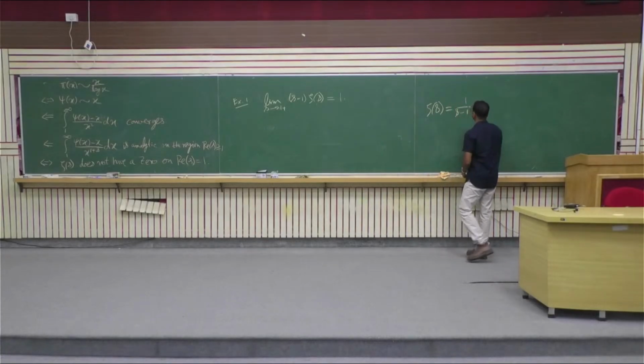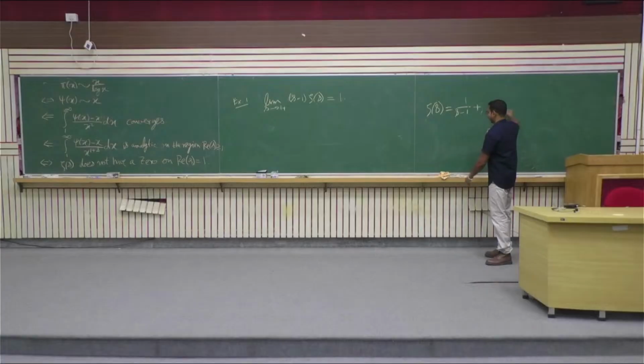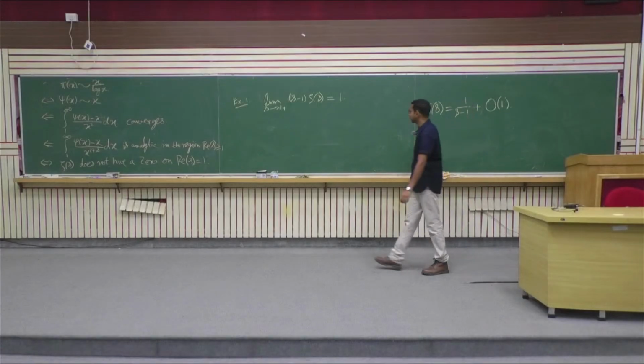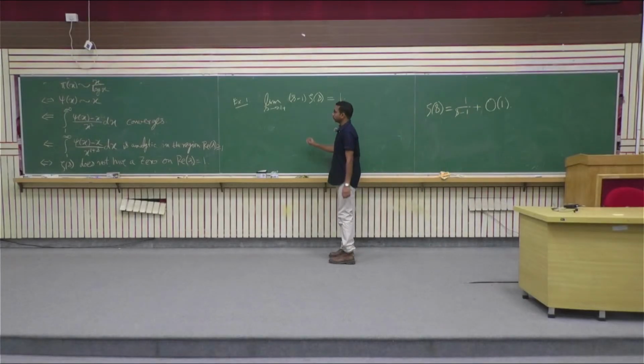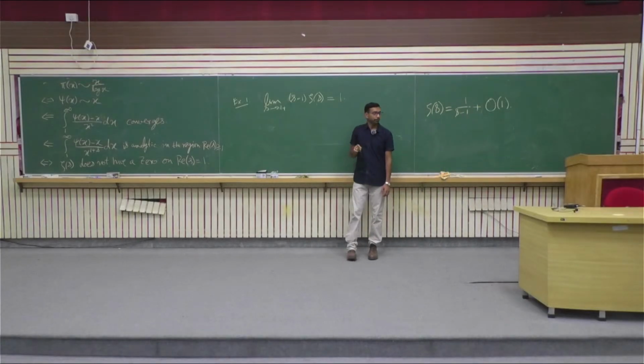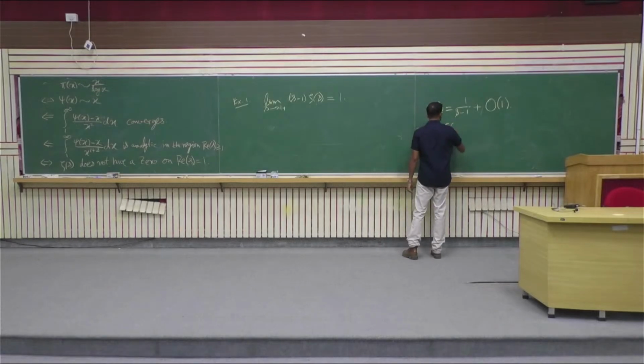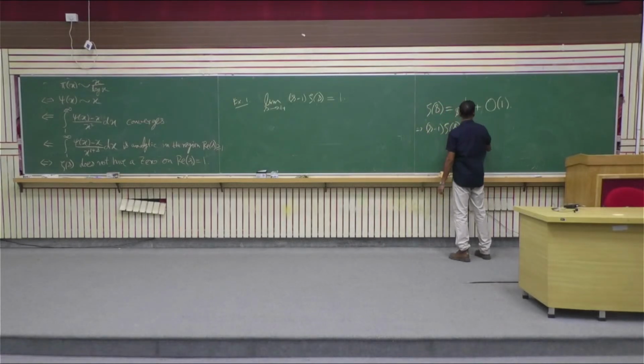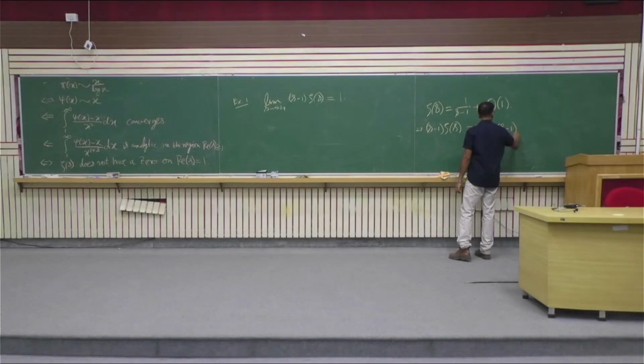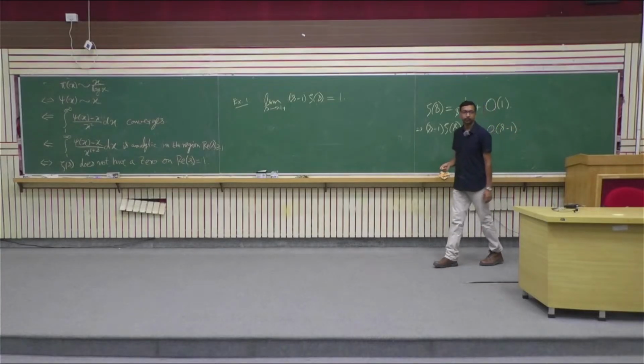Actually, in the morning we wrote the entire expression, but this was just big O of 1, as you saw yesterday, bounded by some constant. Now if you multiply this with s minus 1, that means s minus 1 times zeta s is equal to 1 plus big O of s minus 1, okay?